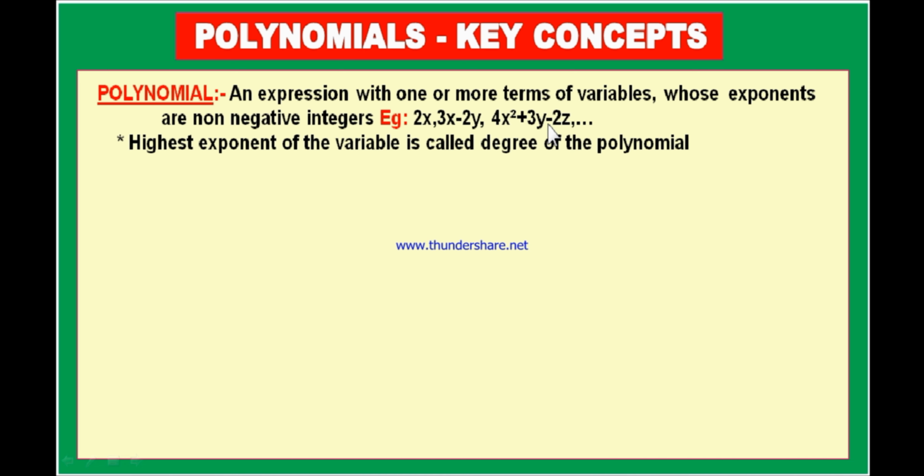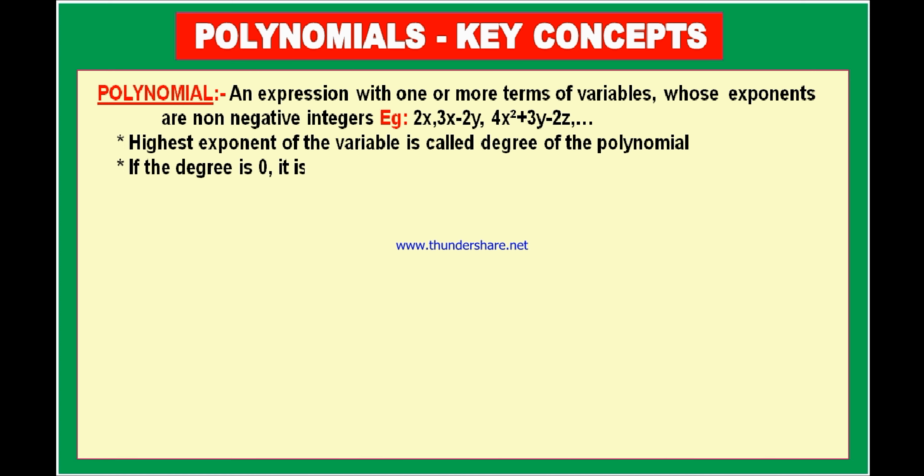Out of all the three variables, the highest exponent, of x, is 2. Since the highest exponent of the variable is 2, the degree of this polynomial 4x square plus 3y minus 2z is 2. Understood? Therefore the highest exponent of the variable is called the degree of the polynomial.